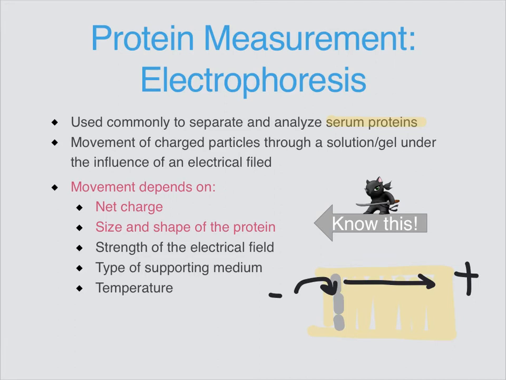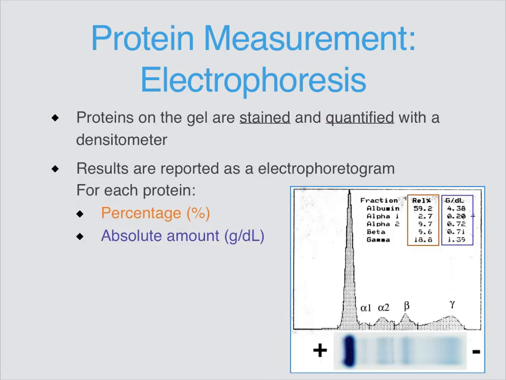So when you're evaluating things, I want you to know that their movement depends upon the net charge, and it depends upon the size and the shape of the protein. The bigger the protein, the more slowly it moves across the gel. So what we end up getting is we load our serum in down here.